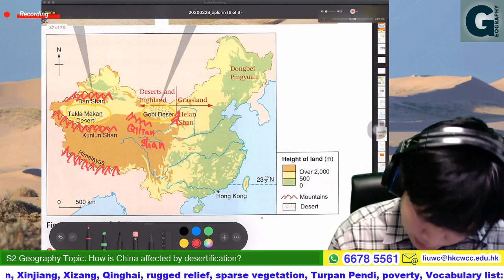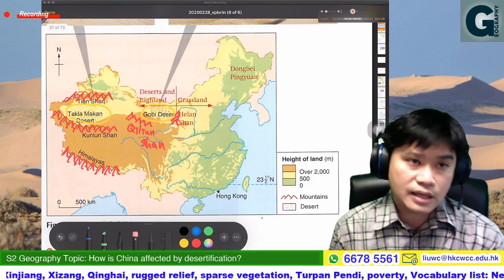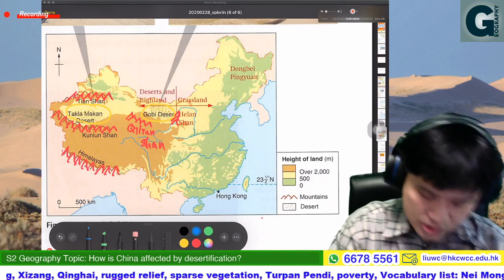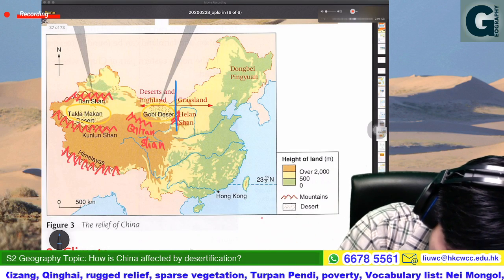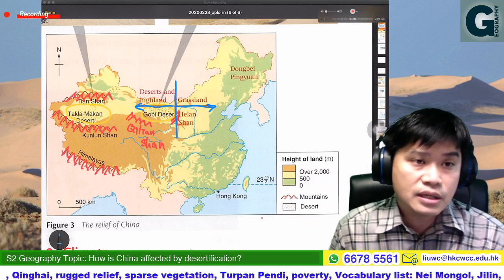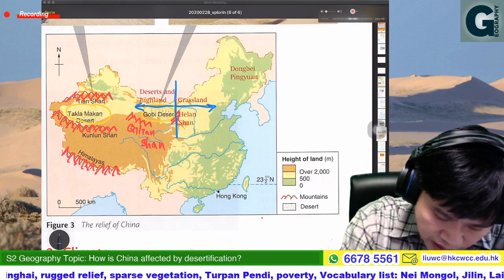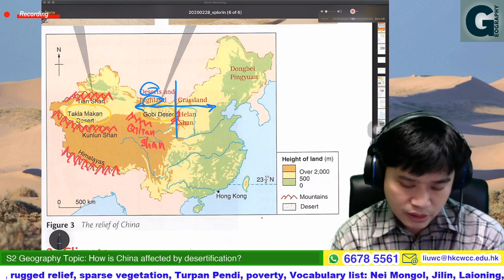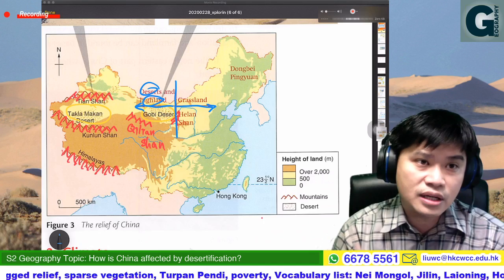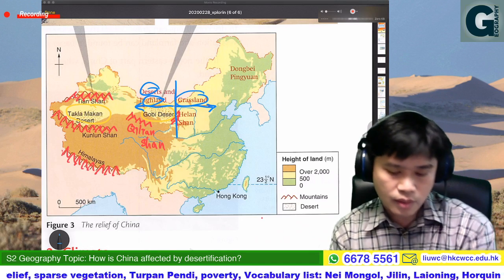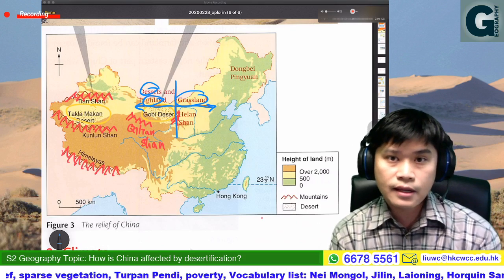So therefore, we can see that if we divide the country into half, east and west, in the west, that is mainly the desert and the highland. And especially in the northern part, in the east, there will be more grassland.